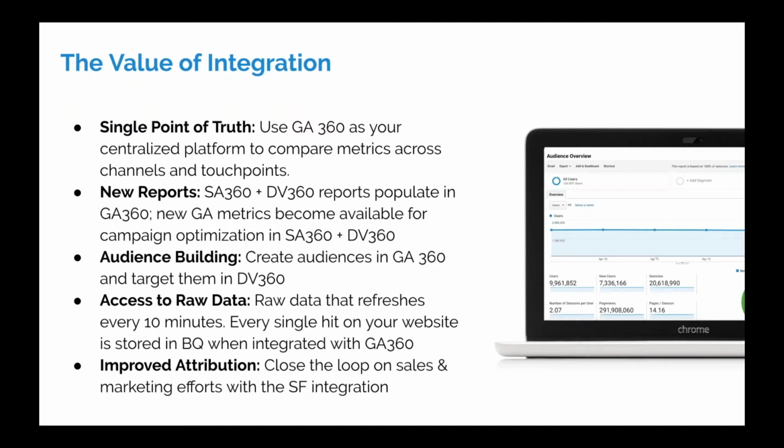And then also the audiences that you create in Google Analytics 360 can be retargeted to in DV 360. That's obviously enormous. For those of you who aren't aware, anytime you've ever created a segment in Google Analytics, you've essentially created an audience. So it's as easy as creating a segment.